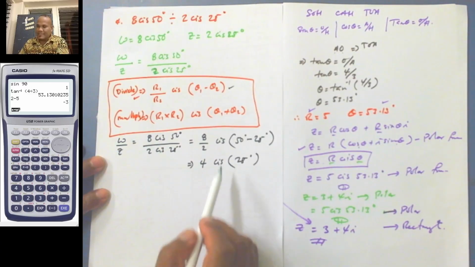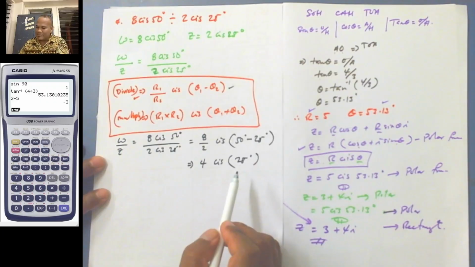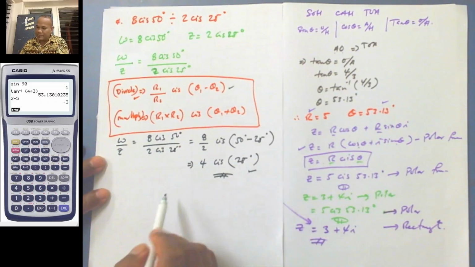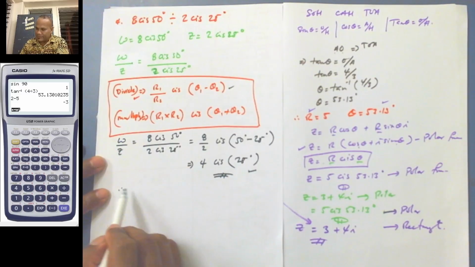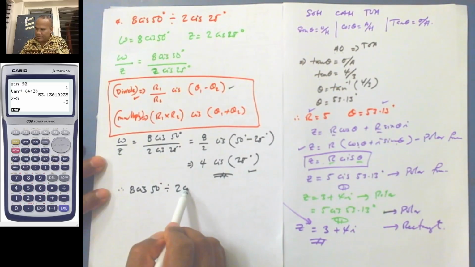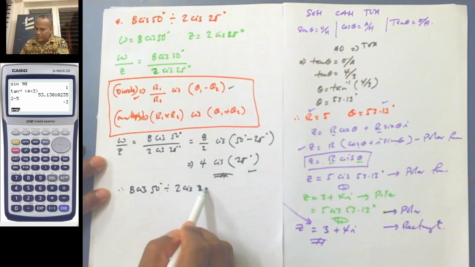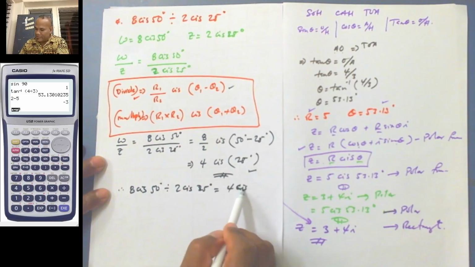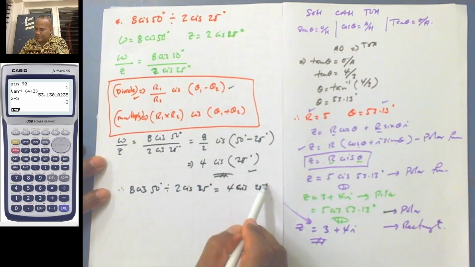The question is saying leave our answer in polar form, so this is our answer. Therefore, 8 cis 50 divided by 2 cis 25 degrees is equal to 4 cis 25 degrees.